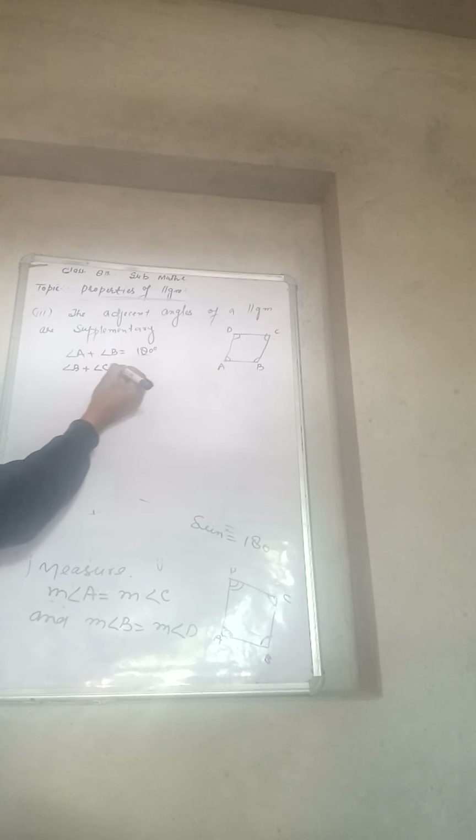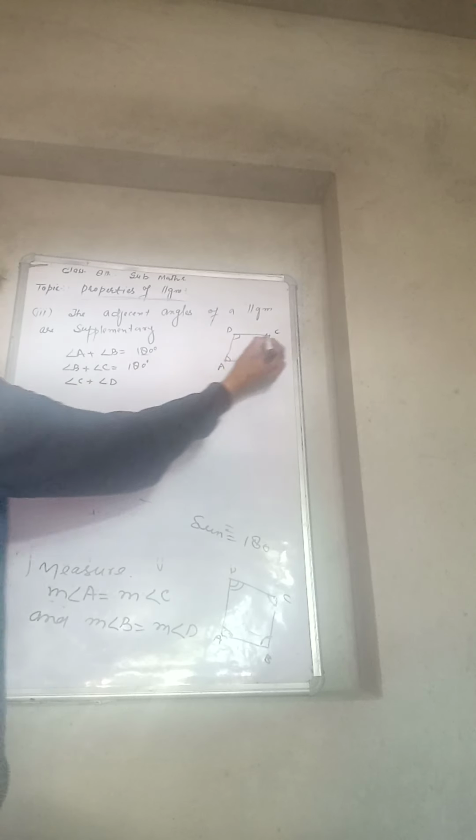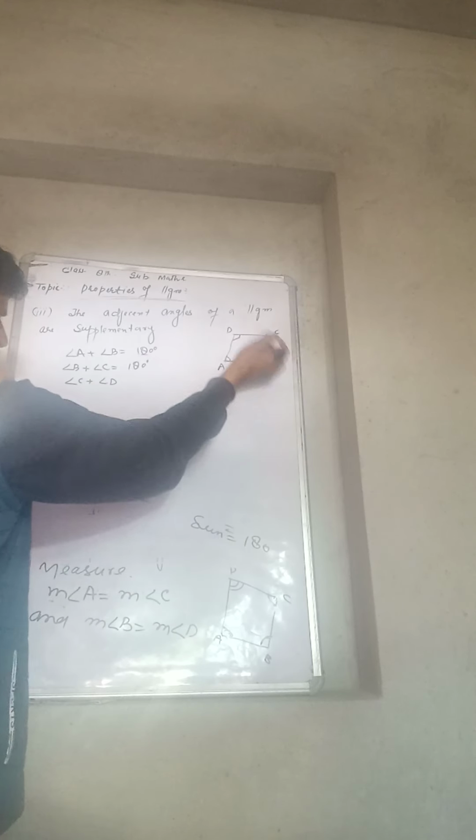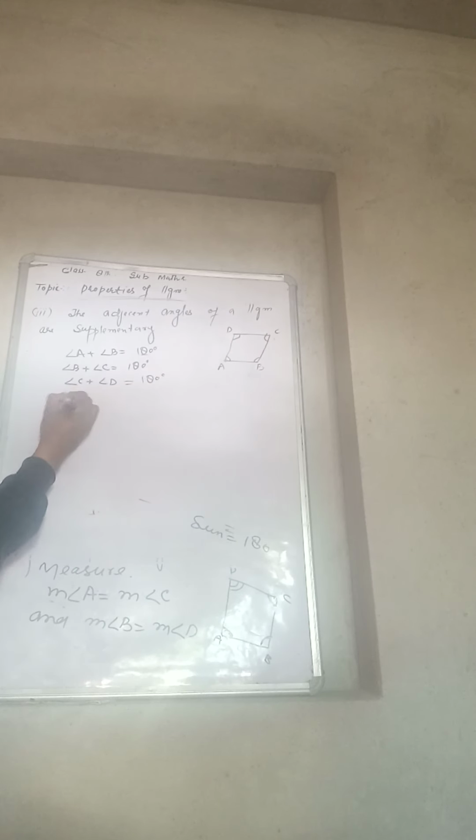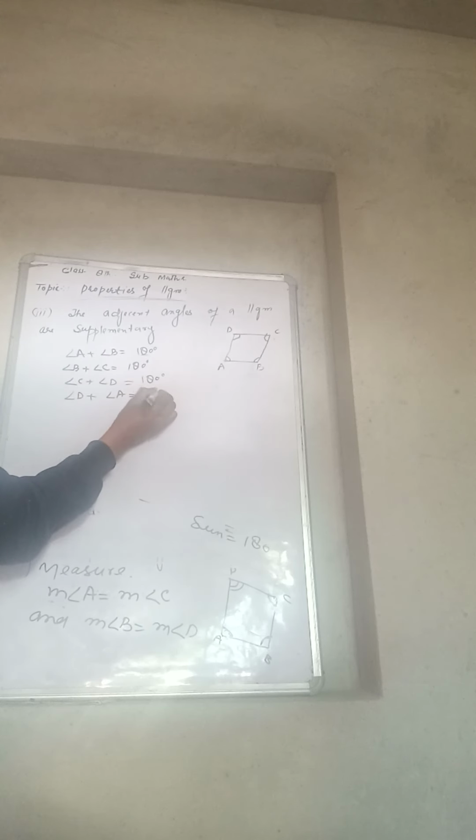Supplementary means जिनका sum 180 होगा. इसी तरह angle B plus angle C is also equal to 180 degrees. Angle C plus angle D, they are also adjacent, एक के बाद एक. It is 180. And angle D plus angle A is equal to 180.